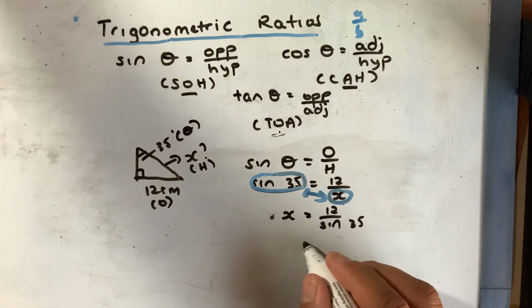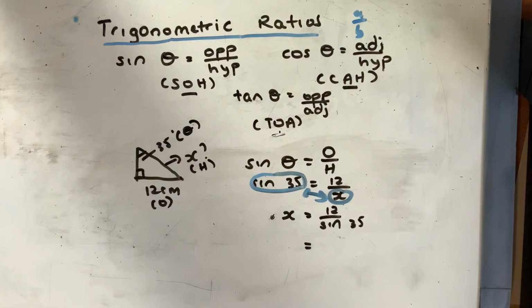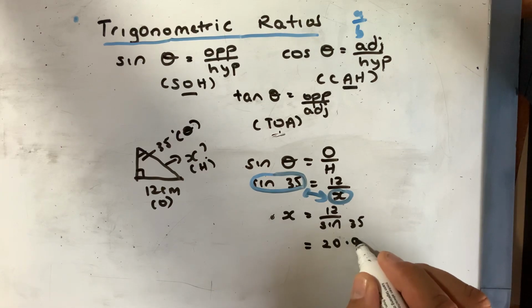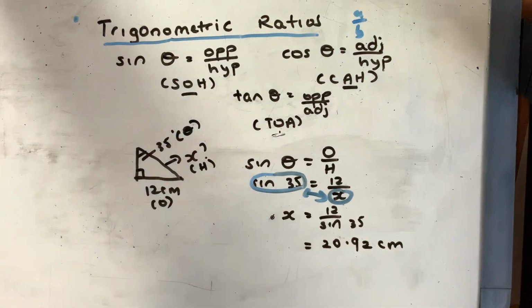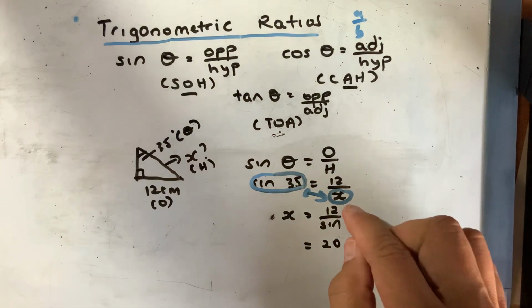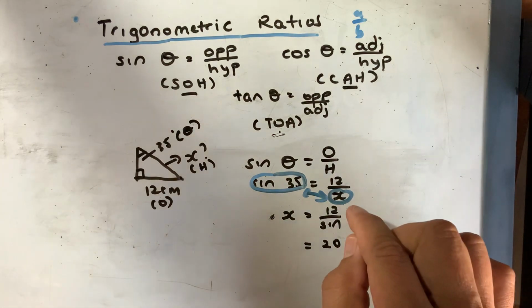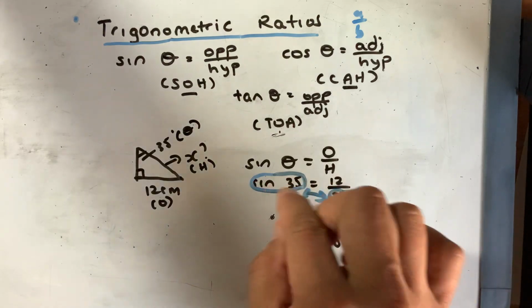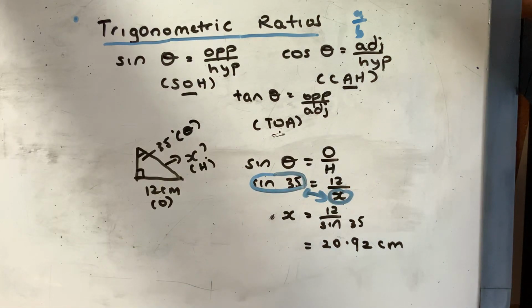And if you chuck it in your calculator, the answer is going to be 20.92 centimeter. So I repeat, if the number is at the bottom, you multiply by the number. If X is at the bottom, you swap the whole thing with each other.